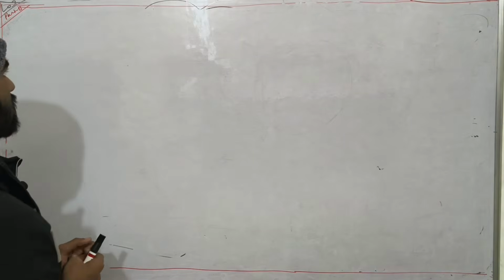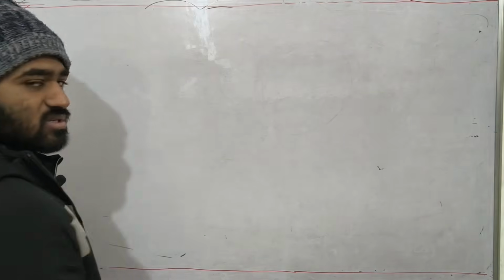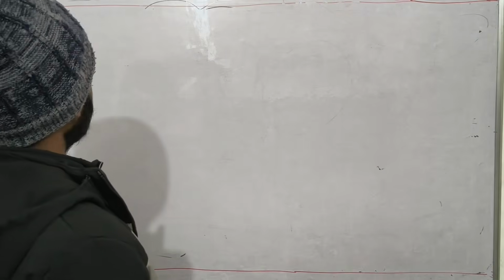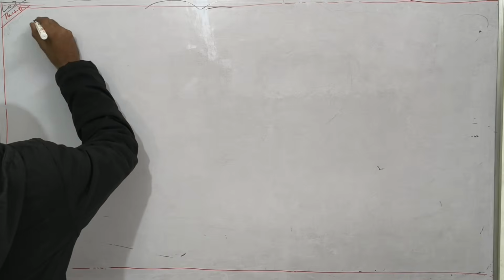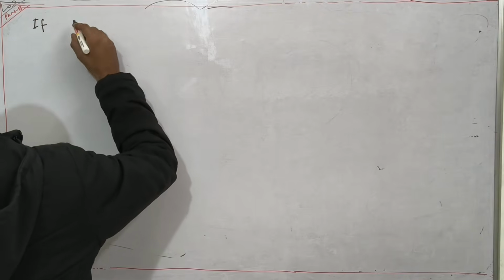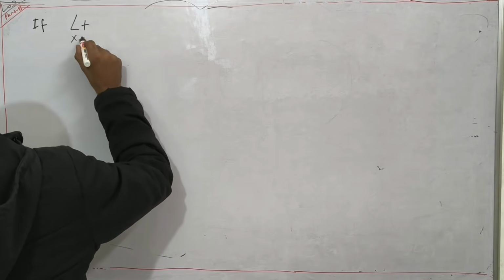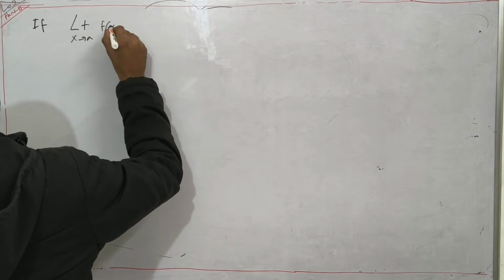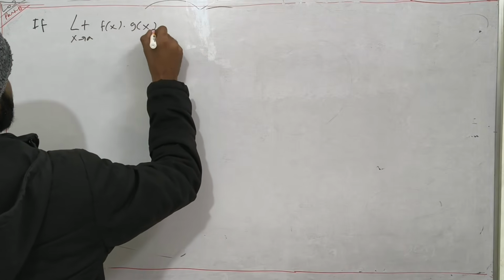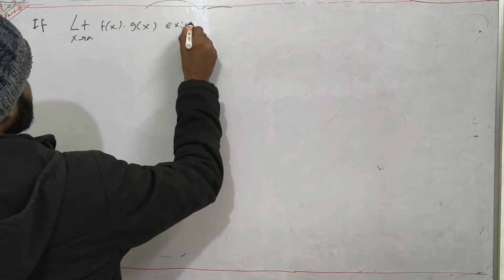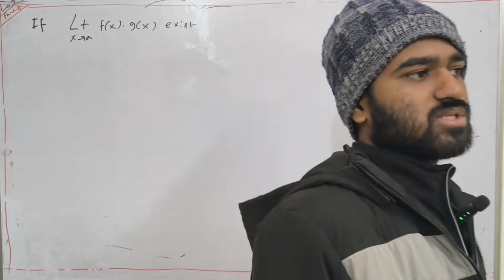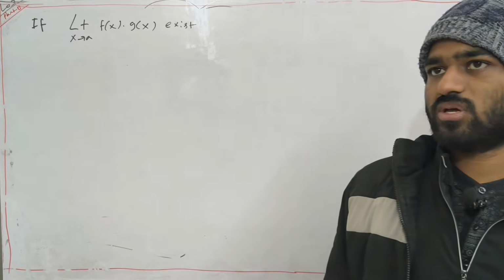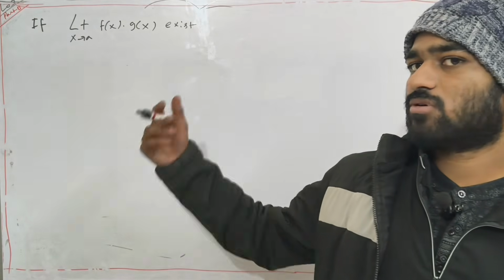Okay, some important concepts. These are already discussed, but we are discussing them again particularly. If the limit as x tends to a of f of x into g of x exists, then we'll have this in the following cases.